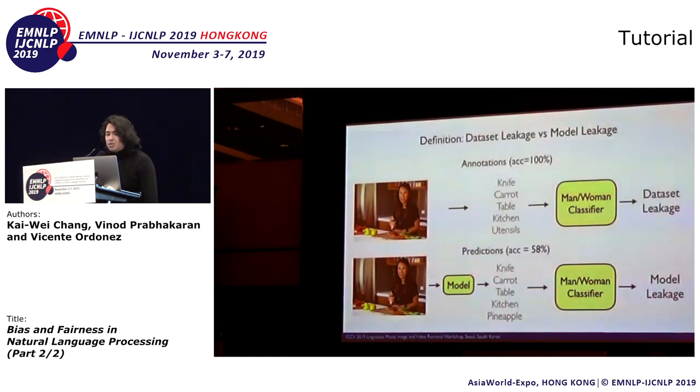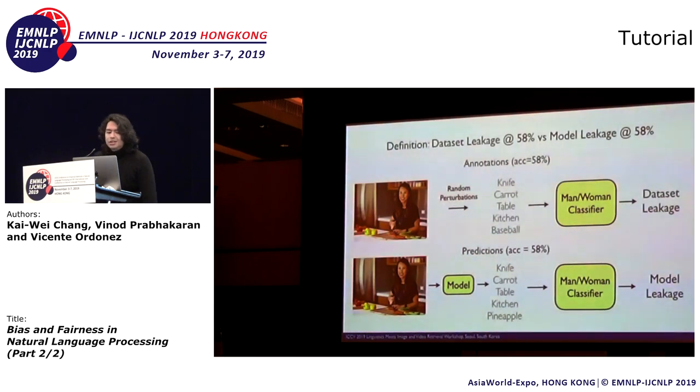We extended the notion of dataset leakage to dataset leakage at accuracy X. This means we added some random perturbations on the ground truth data until we obtained annotations that were 58% accuracy, which is the same accuracy we're getting with our model.